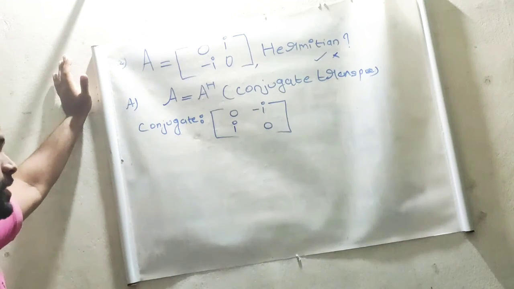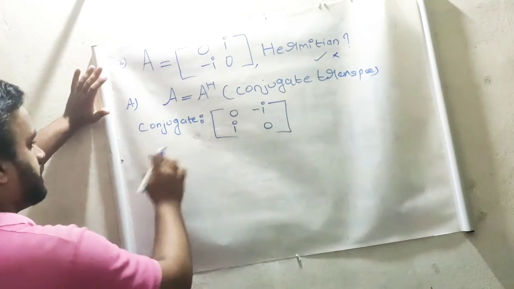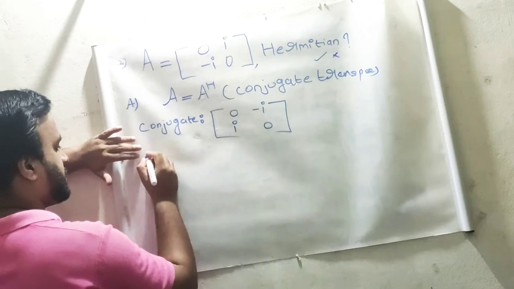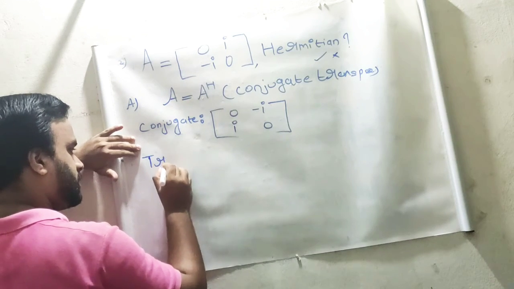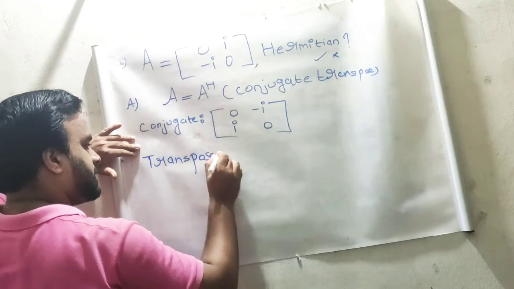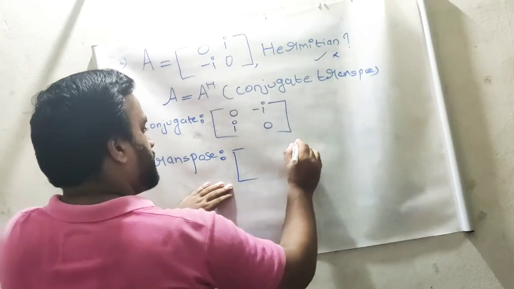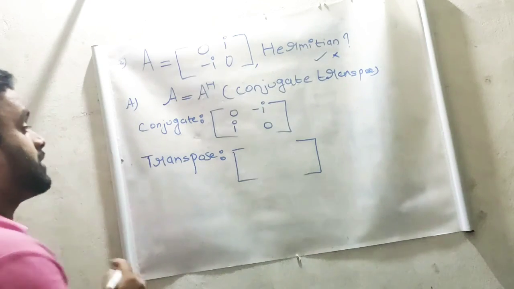This is the conjugate matrix. Then we want to find the transpose of this conjugate matrix.